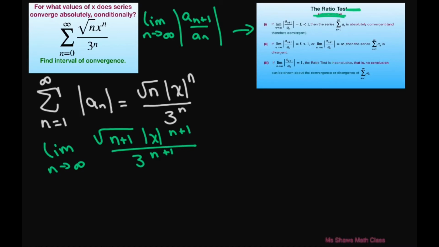Now we're going to multiply by the reciprocal since we're dividing. So that's going to be 3 to the power of n divided by the square root of n times the absolute value of x to the power of n.